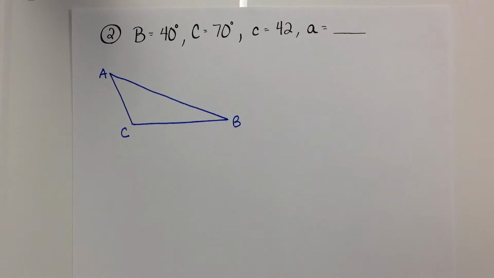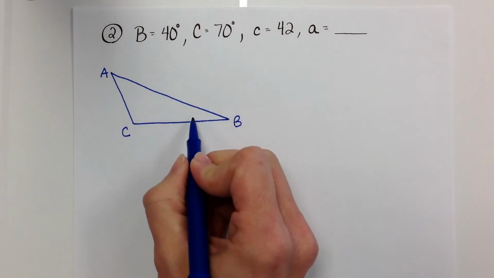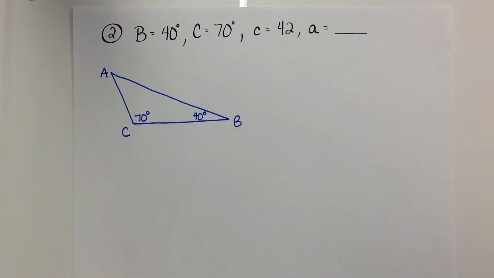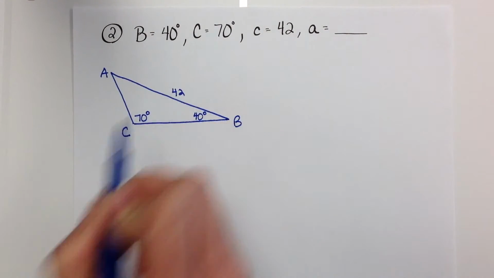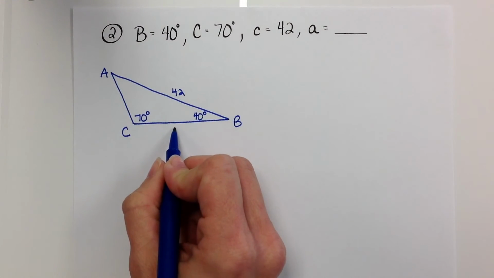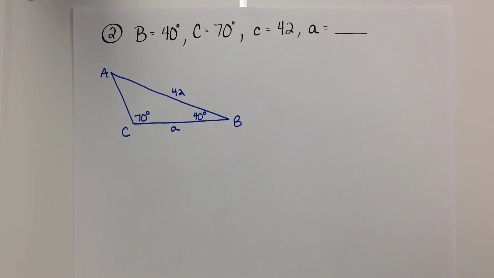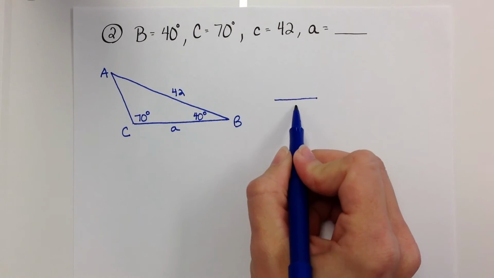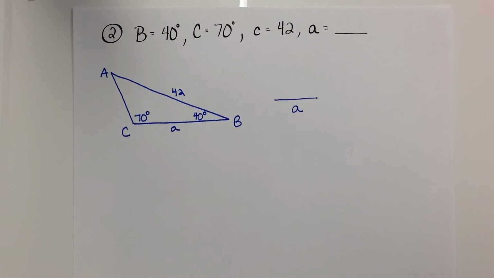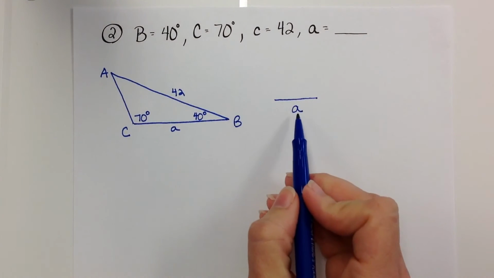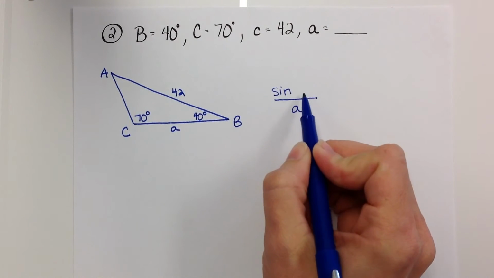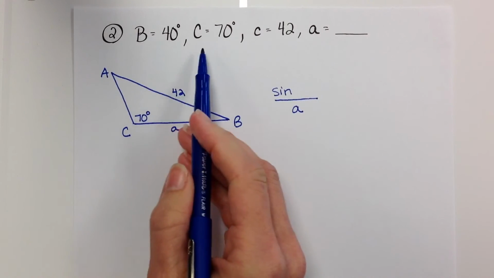Labeling the information that I know: angle B is 40 degrees, angle C is 70 degrees, side C is 42, and you're trying to find side A. When you set up your proportion, the first ratio I want to write down is the one that has side A in it, since that's what I'm trying to find. But that means I have to know angle A, and that's not one of the angles that was given to me.